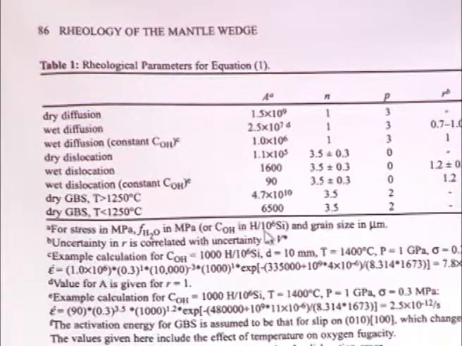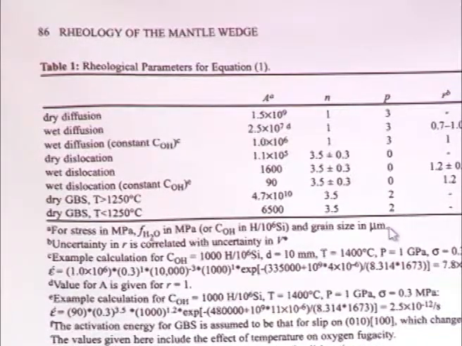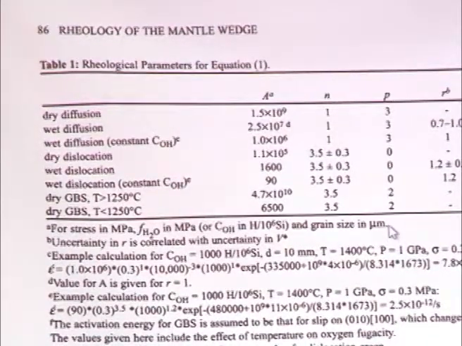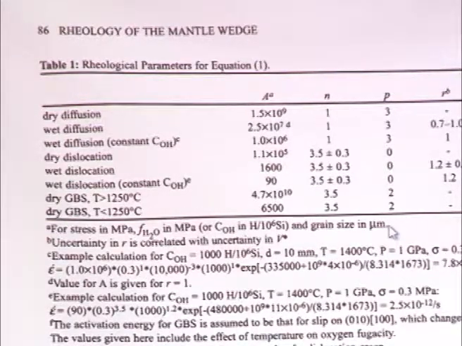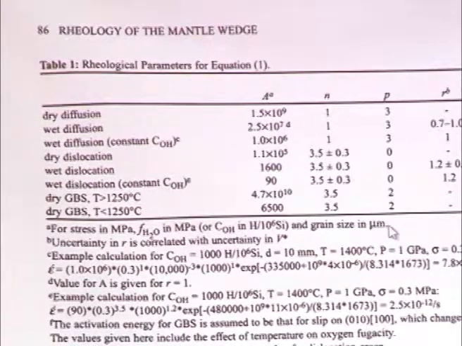Thank God we're not doing that. COH in hydrogens per 10 to the 6 silicons, and grain size in microns. And so you can see what this A thing is. It's just a fitting parameter, but it has to have the units. You have to have the units right because you're taking some flow law that has temperature and stress in MPa and grain size in some units, and you have to get something that has units of 1 per second.